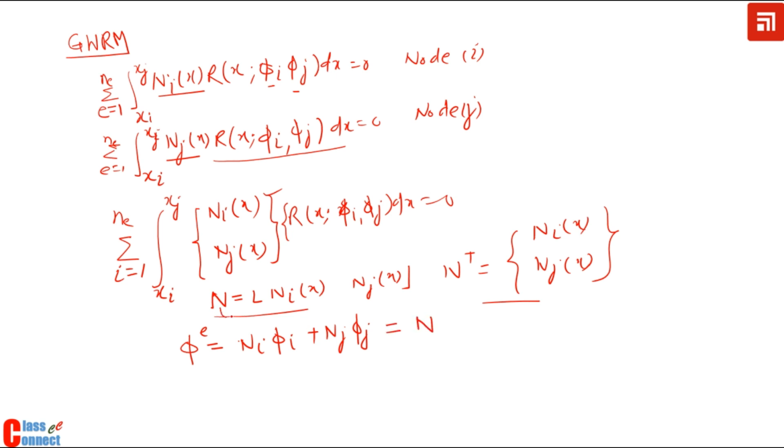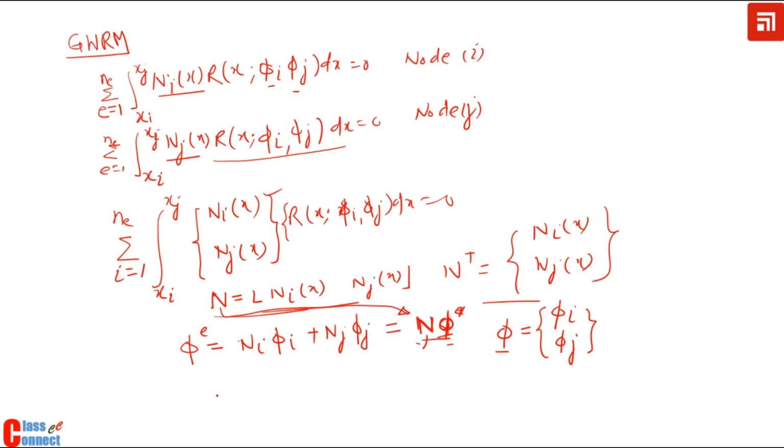This N is nothing but this N, it is matrix representation, and this phi is also matrix representation. So this N here is nothing but this value, and this phi is given by phi i and phi j. So we'll be using the matrix notation to represent now.